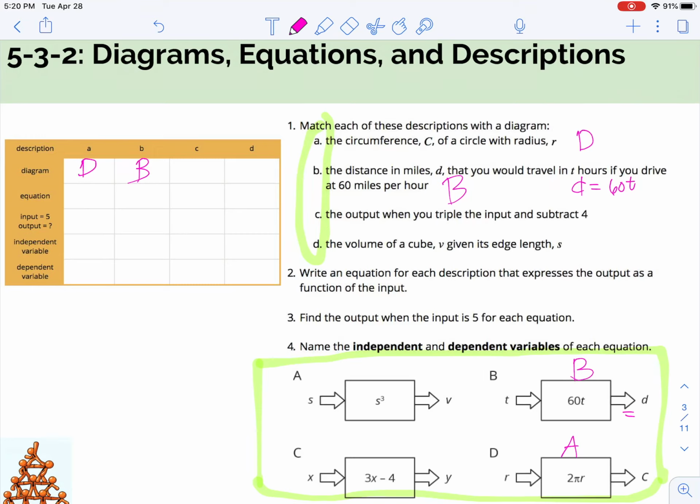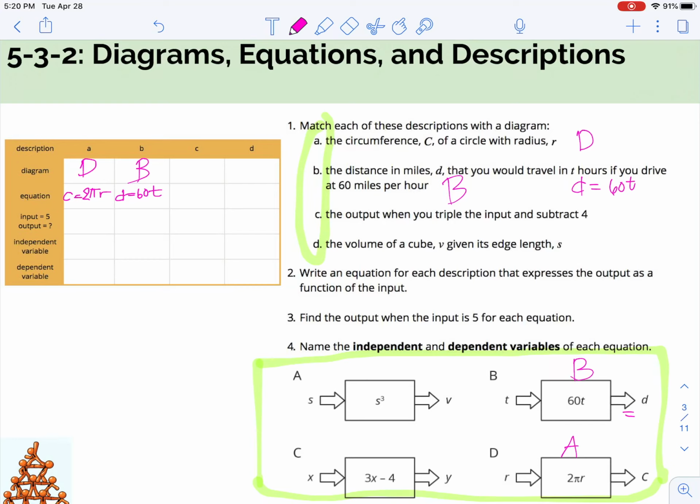And then that's your equation. And my equation for the other one is circumference equals 2 pi r. Oh my goodness, it's so hard to write small on this little thing.